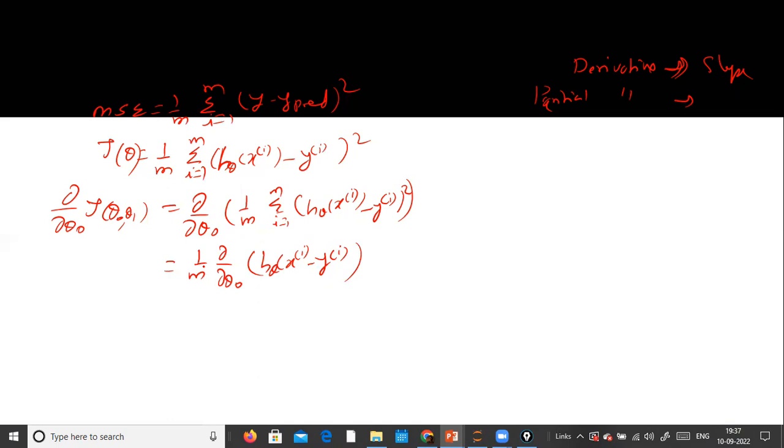There is something called the scalar multiple rule.